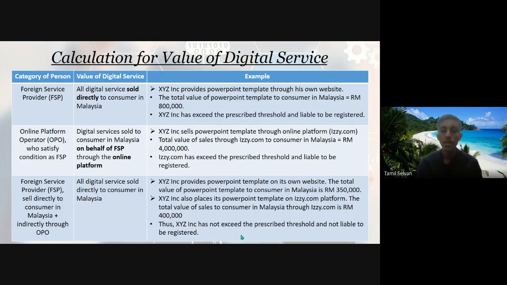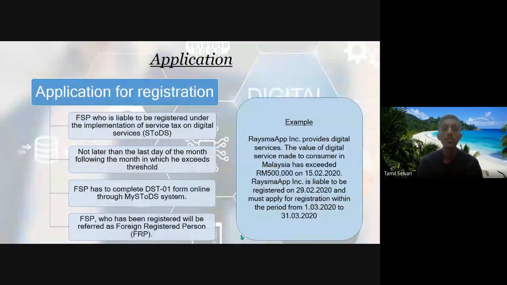At the same time, the company also places a PowerPoint template on the easy.com platform, and the total value of the sales to consumers in Malaysia through easy.com is 400 million. So easy.com has not exceeded the threshold because the digital services sold directly to consumers is 350,000 ringgit.